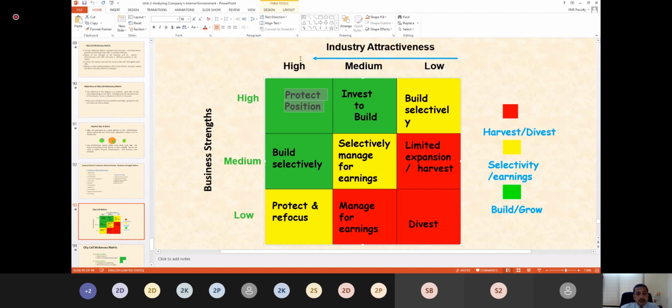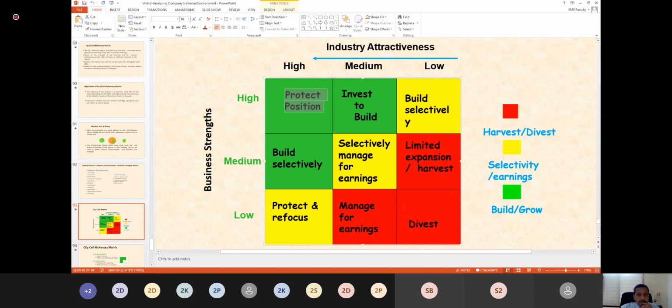Also, the industry is very attractive for that particular business, and also the company has strengths which can help the company to take the benefit of all those opportunities. So this is a very attractive position that we can categorize as a protect position.